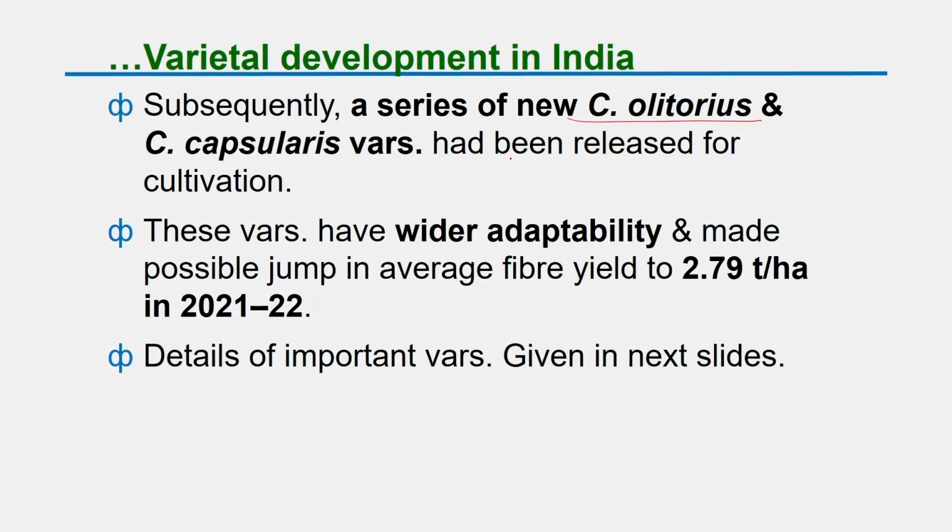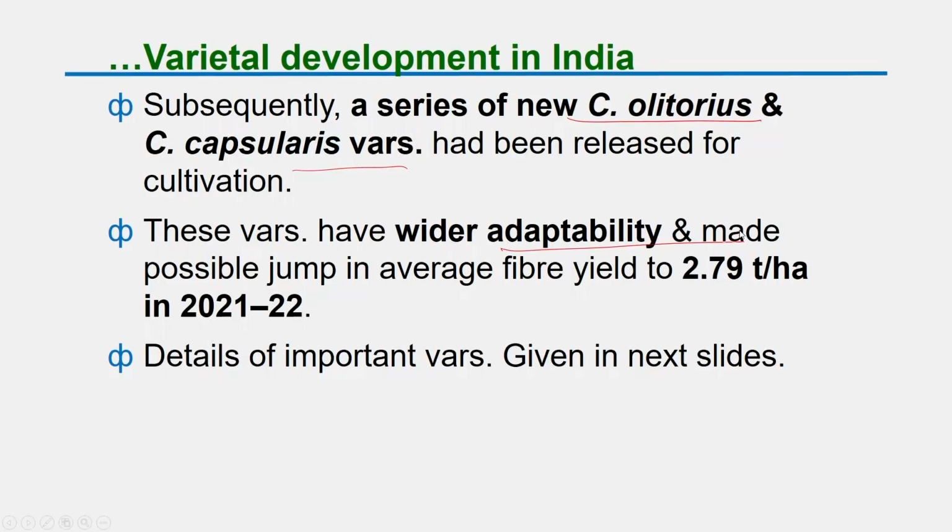Now with time, slowly, the capsularis jute was replaced by olitorius jute because it has better or higher fiber quality and it has more yields. Subsequently, a series of new Corchorus olitorius and capsularis varieties had been released for cultivation in India.